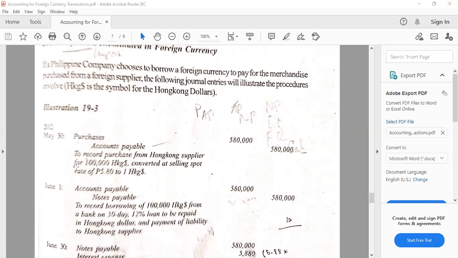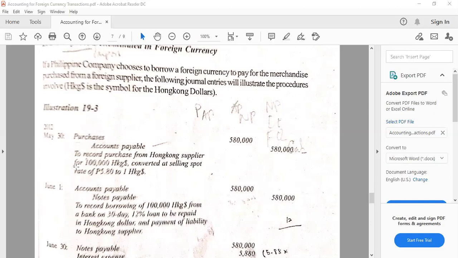So this means that at the end of the reporting period or balance sheet date, there would be a certain interest that would be earned or incurred. And in that sense, there wouldn't be exchange gain or loss yet on the interest because interest is just computed on that date. The gain or loss will be attributed only on the principal amount.